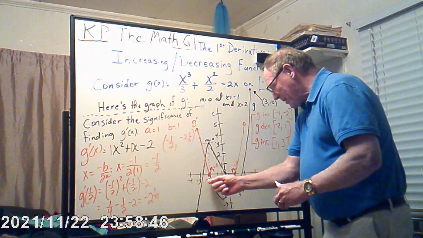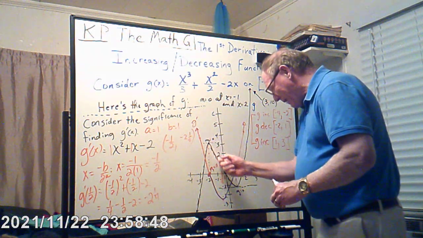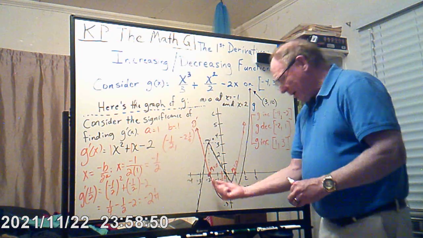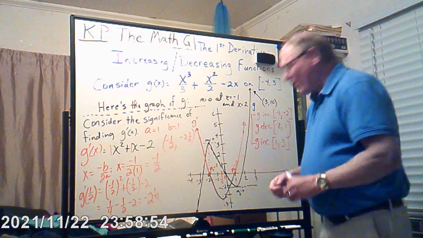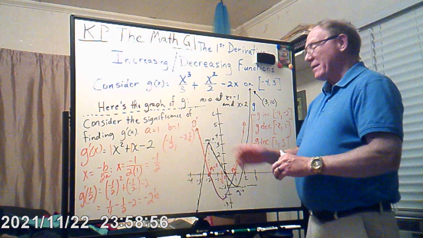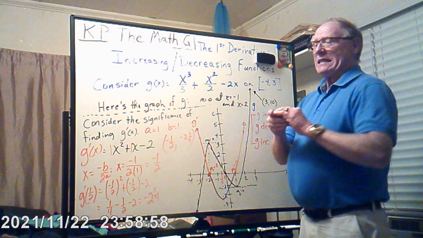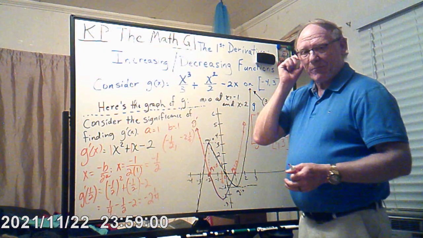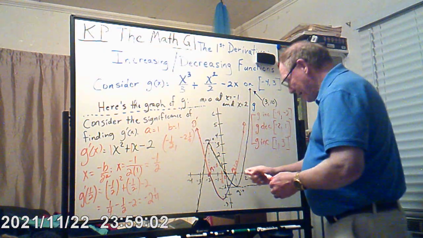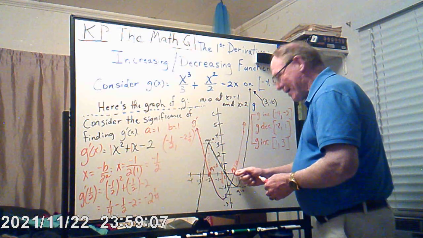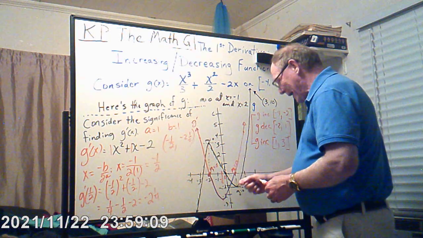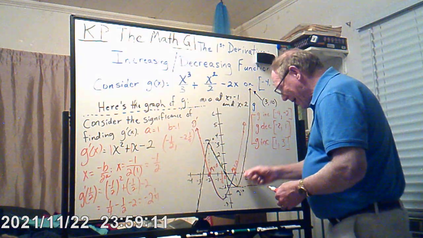We see that between -2 and 1 the graph is decreasing. Well, look at the graph here of G prime. It is below the x-axis, which means that portion is decreasing. And here, see where the slope is 0, this is where it starts to go back up again, right here.